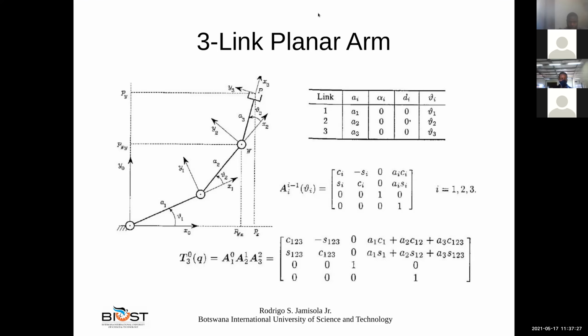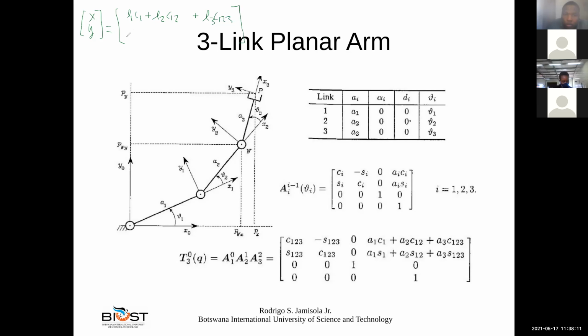We did it before by expressing X and Y in terms of the forward kinematics equation. Remember, we have L1 cosine theta 1 plus L2 cosine of theta 1 plus theta 2 plus L3 cosine of 1, 2, and 3.